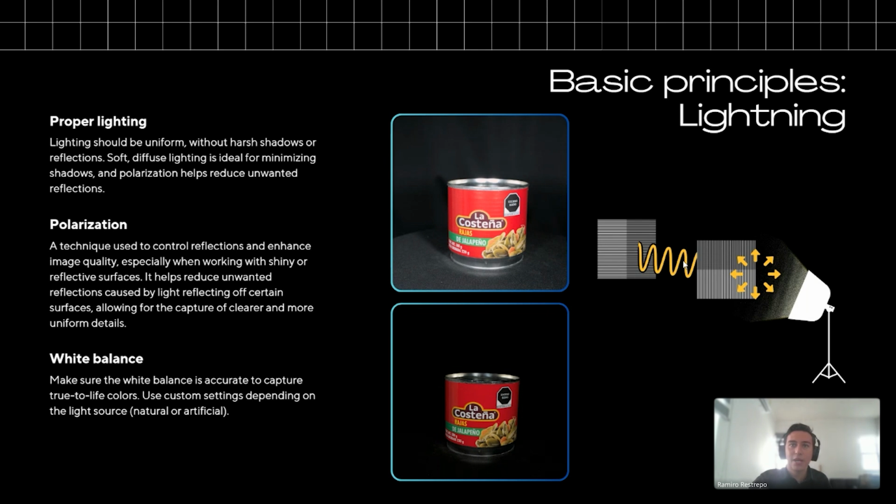Here, we can appreciate how in the first photo, reflection causes noise, while in the second one, the shine disappears, even eliminating the background. This method is called the void method. Also, you have to make sure your white balance is accurate to capture your colors true to reality.